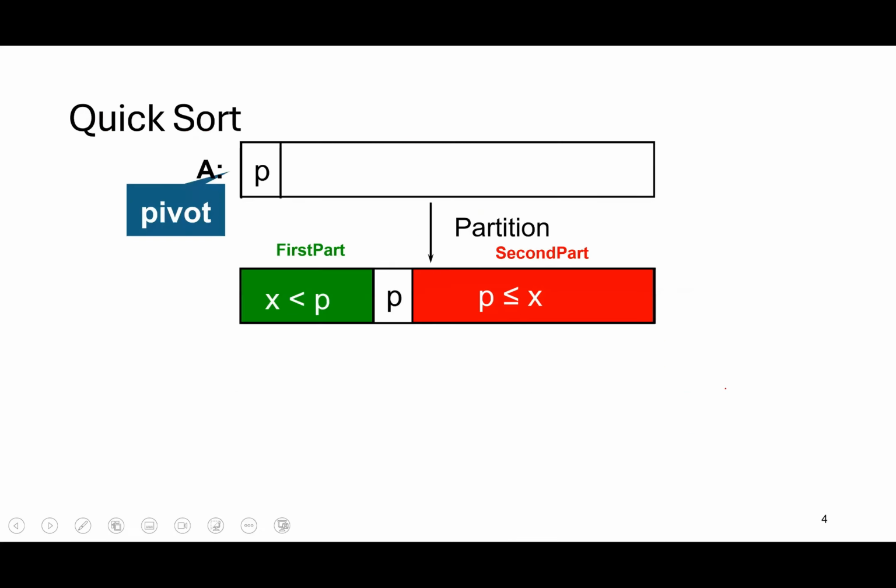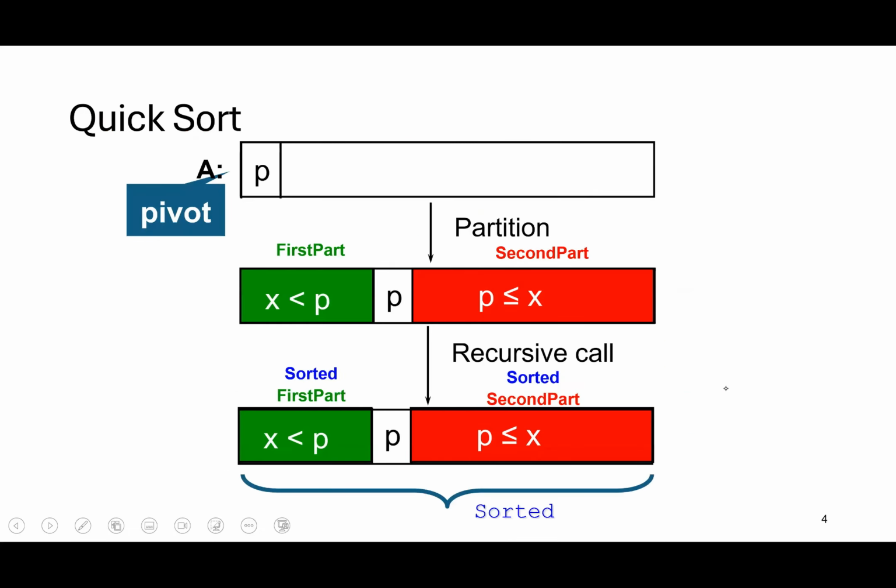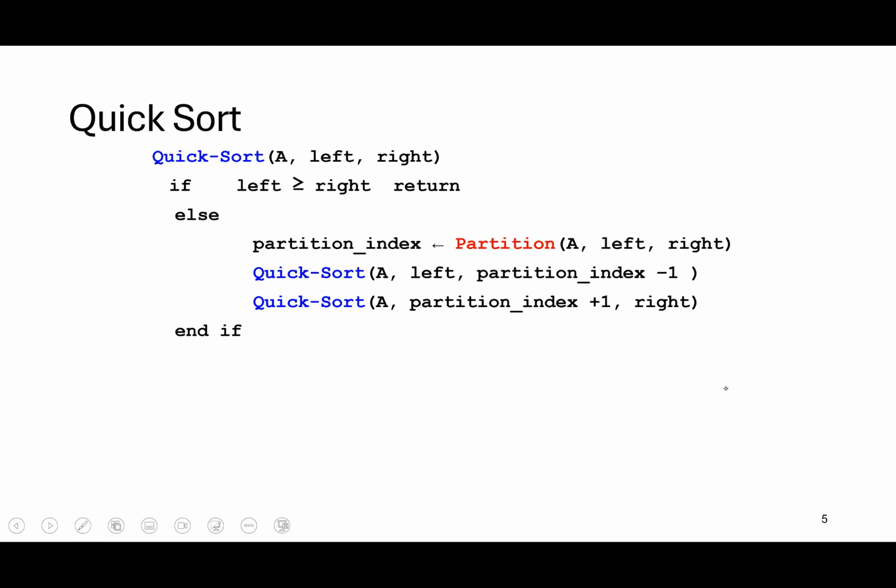So if I look at the code, this is what we did. We called quicksort and say input array is A, and then from the left index up to the right index, and then we found the partition index. This is the index of the pivot, right? So we call the partition.